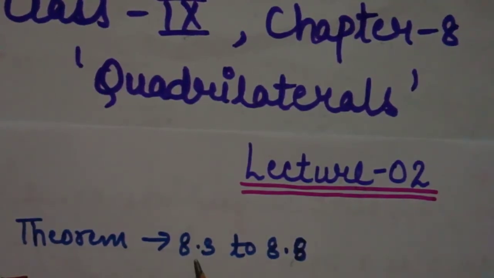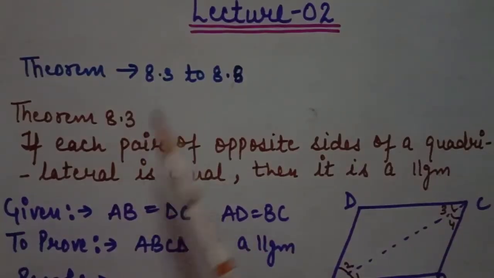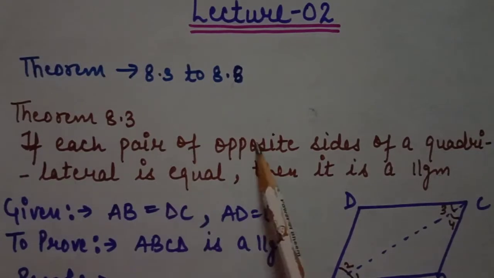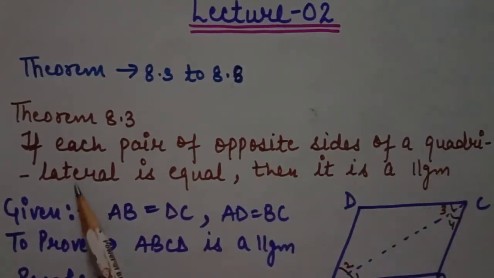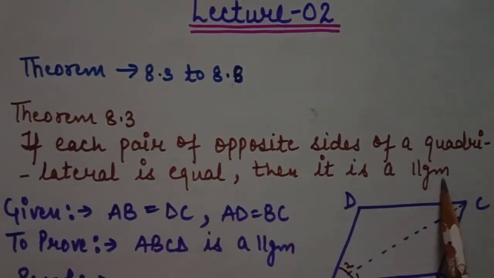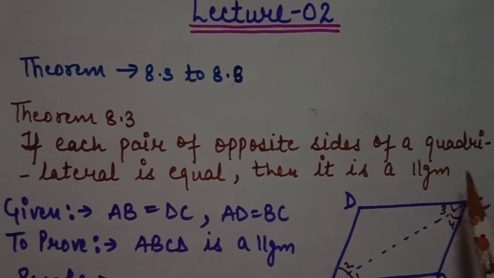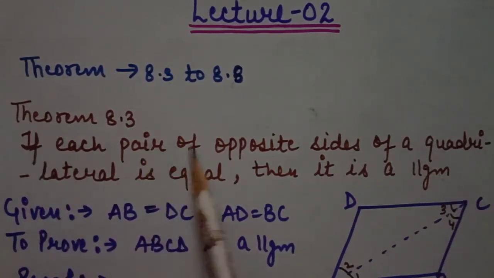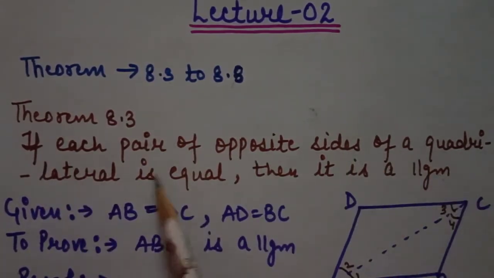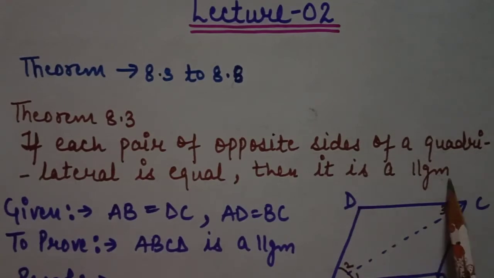So students, let us start our lecture with theorem 8.3. Theorem 8.3 is, if each pair of opposite sides of a quadrilateral is equal, then it is a parallelogram. You have to read the statement 2 or 3 times, then you will understand it.